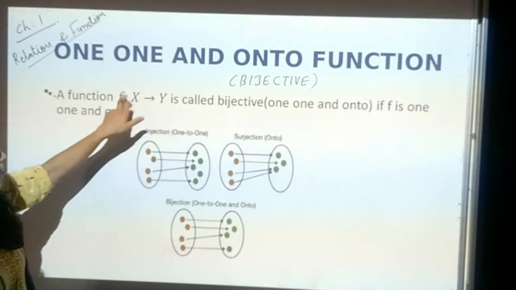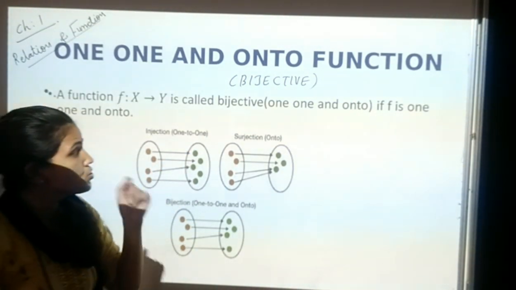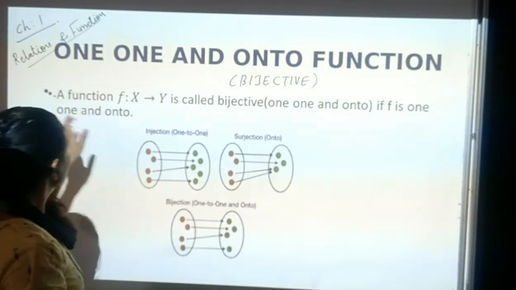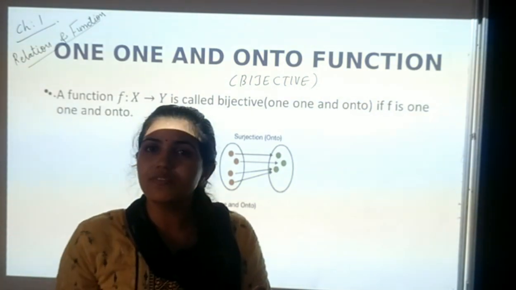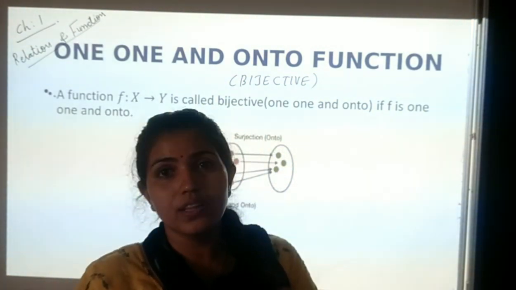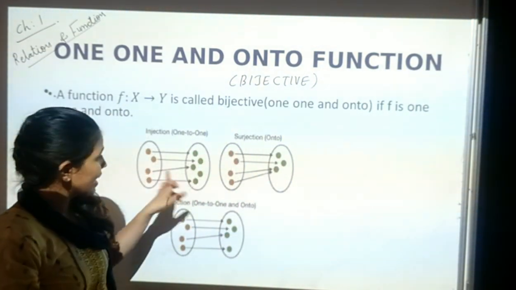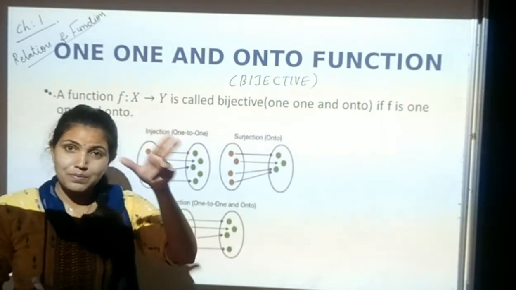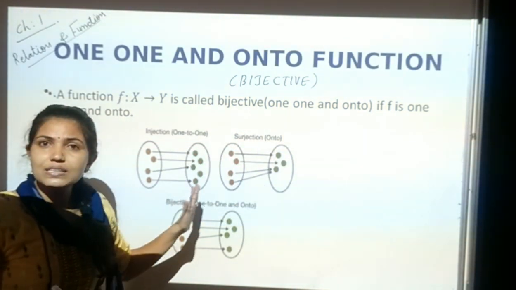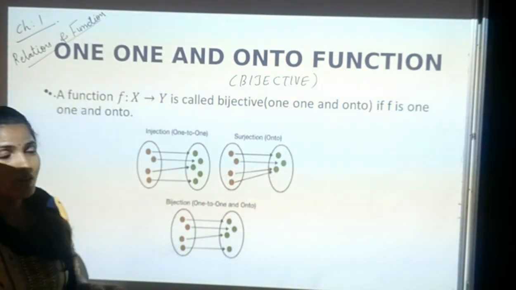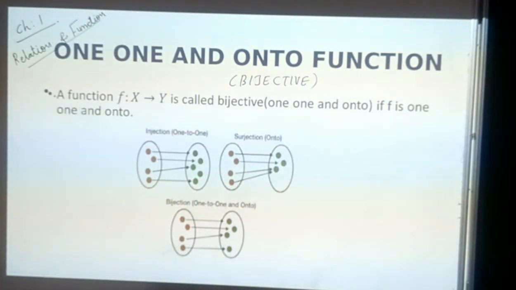A function f from X to Y is called bijective, that is one-one and onto, if it satisfies all the properties of a one-one function, that is, distinct elements have distinct images, and for every element of Y there exists some element in X. So if a function is one-one and onto, then it is called a bijective function.